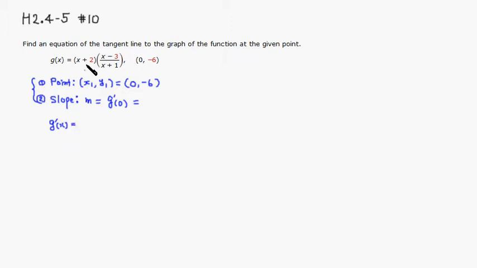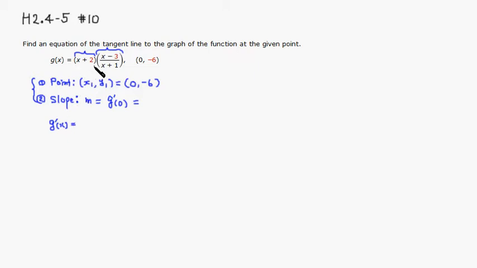You can see that this is a product of two things. First guy is quantity x plus 2, and the second guy is x minus 3 over x plus 1. So let's apply the product rule, and inside the product rule we're going to have to do a quotient rule as well.